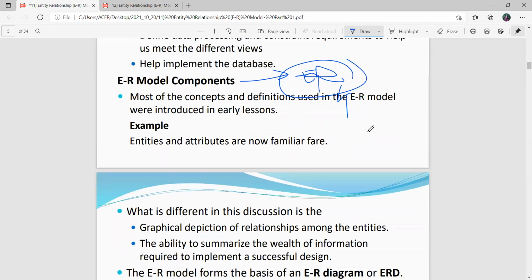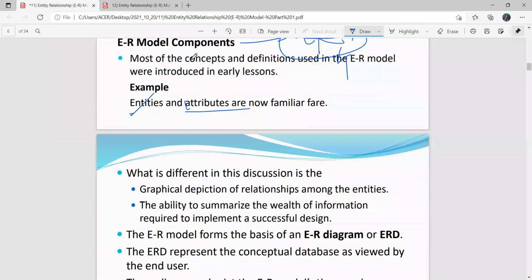First of all, let's discuss the ER components. I think you have some experience and familiarity with entities and attributes. Last week, we discussed these two things in the ER model. Today we are going to discuss these in detail.